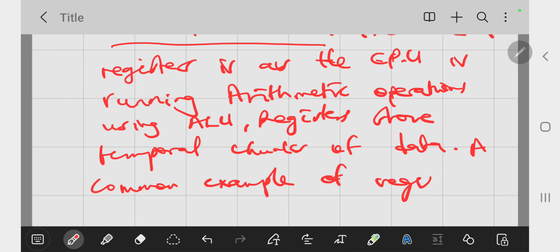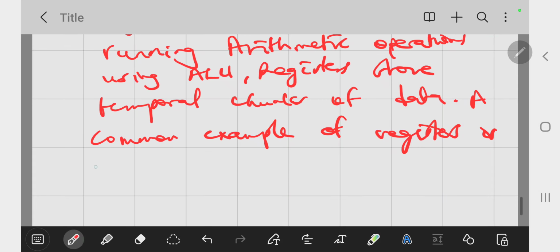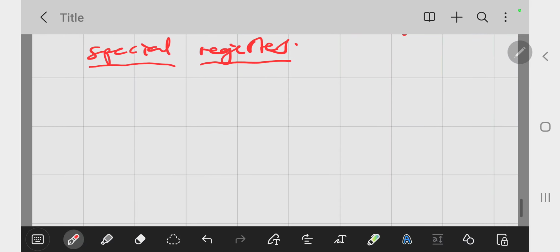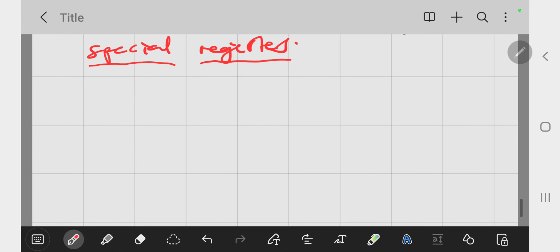We have what are called special registers, and this is of our main interest for this particular course.